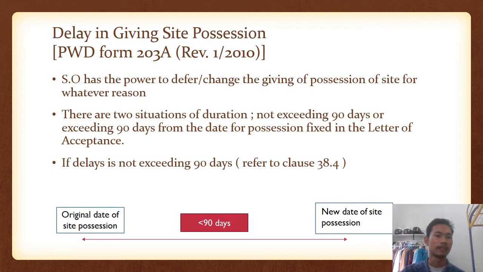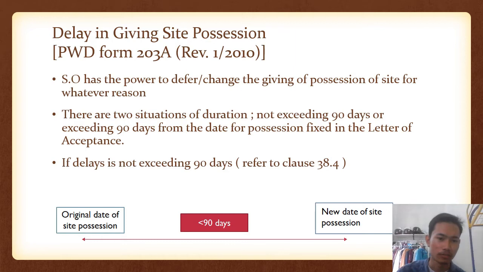Next topic, delay in giving site possession. The SO has the power to defer or change the giving of possession of site for whatever reason. There are two situations of duration. First, not exceeding 60 days, or exceeding 90 days from the date of possession fixed in the letter of acceptance.